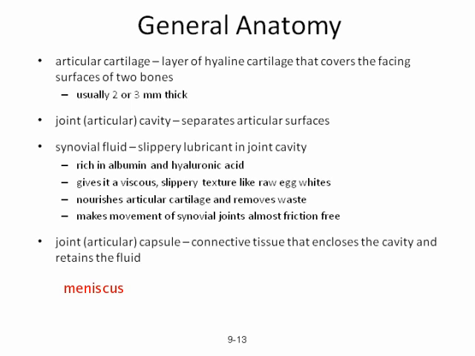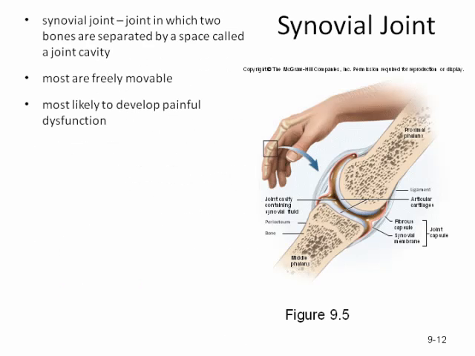It is only associated with the knee. Right, so the knee is an example of a synovial joint. It's a hinge joint, and it has this extension of the joint capsule that kind of goes into the cavity, extends into the cavity.